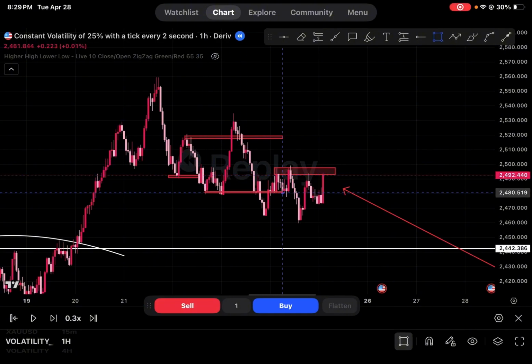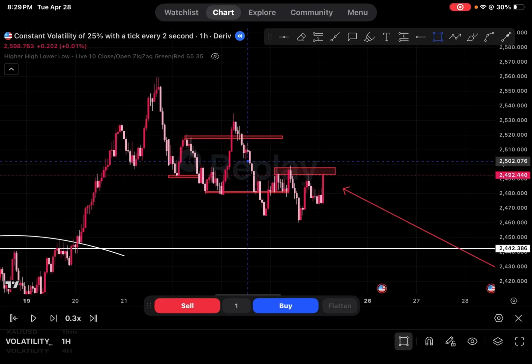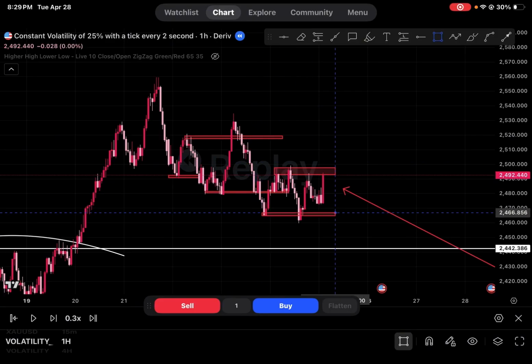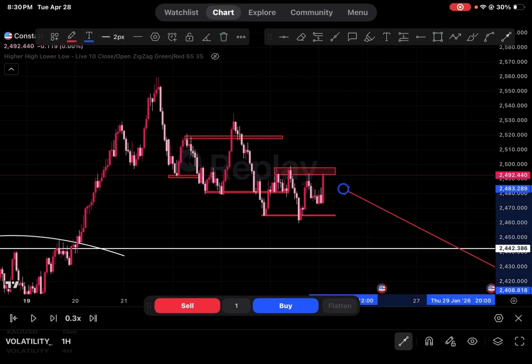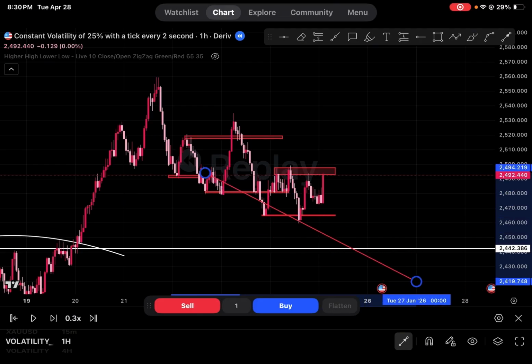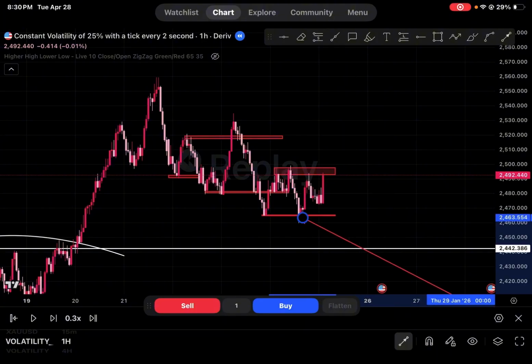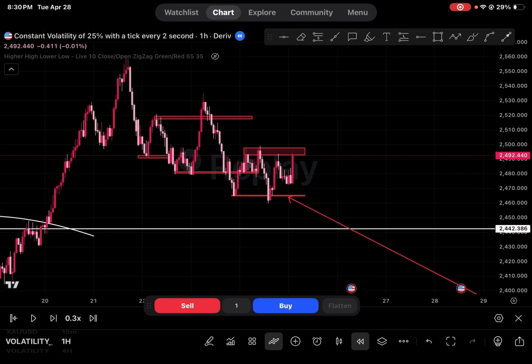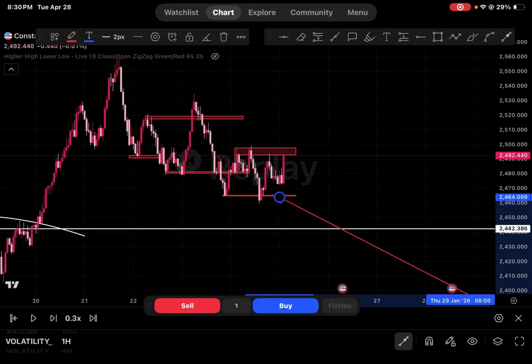If price doesn't come back and break this lower low, then we know that price is reversing. So if lower lows are being broken, we're still in a downtrend. So if price wants to continue coming down further, price will come back and break this lower low. Just to make you guys remember that too.